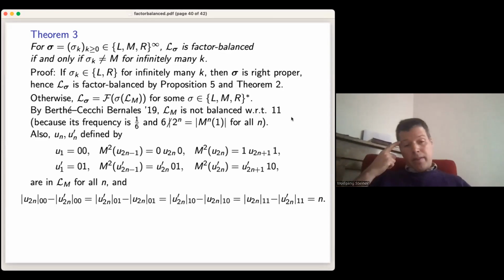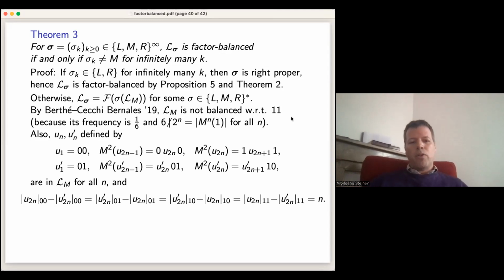Of course, for the 2-Morse word, we could also just construct words that violate the balancedness condition. For example, take a sequence of words U_n and U_n prime, where U_1 is 0, 0, U_1 prime is 0, 1, and then for even n we define U_n and U_n prime like this, and for odd n like that.